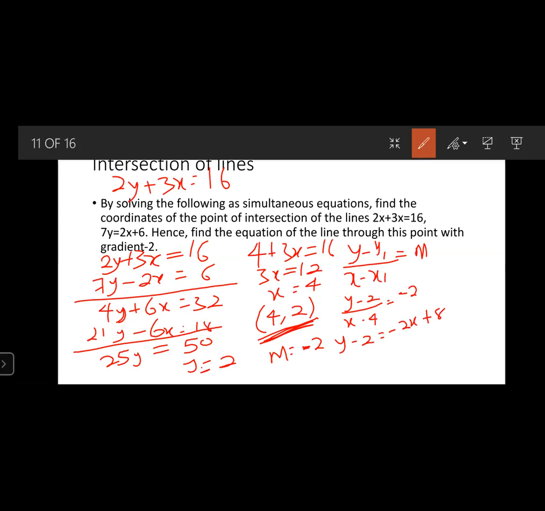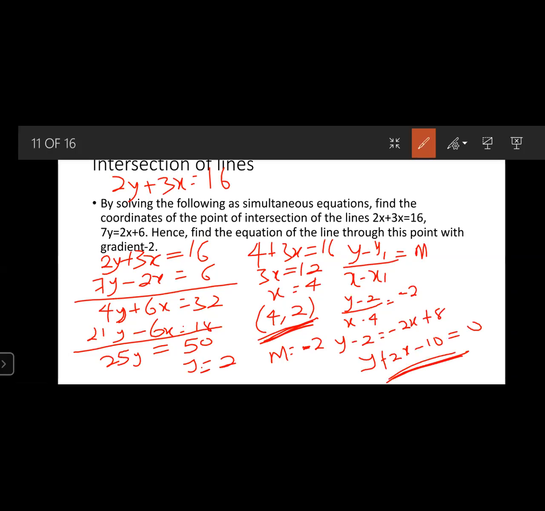You can just make sure that we collect like terms. That minus 2 and plus 8, how do you bring them together to join them together? In this case, I can simply put it as y equals to y. I can even bring minus 2x inside. So y plus 2x, and if I bring plus 8 inside, it will give me minus 10 equals to 0.